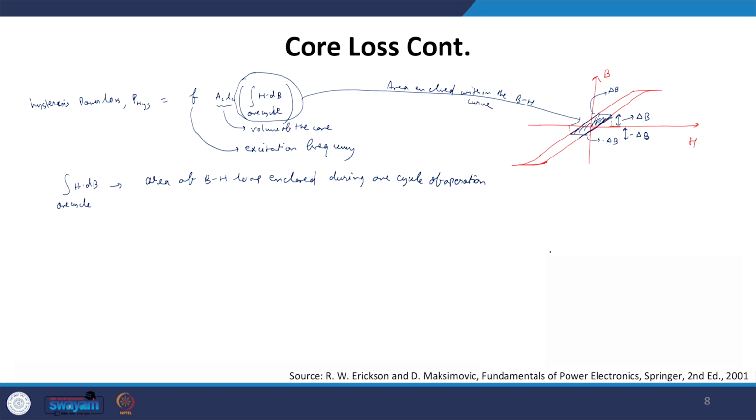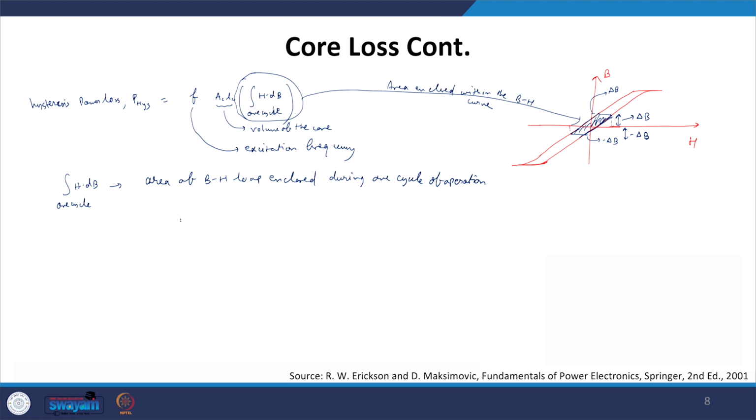So what we can say is that the hysteresis loss is directly proportional to the area enclosed in the BH curve. Whenever the core in the transformer is used in circuit operation, it is very difficult to evaluate this integration.